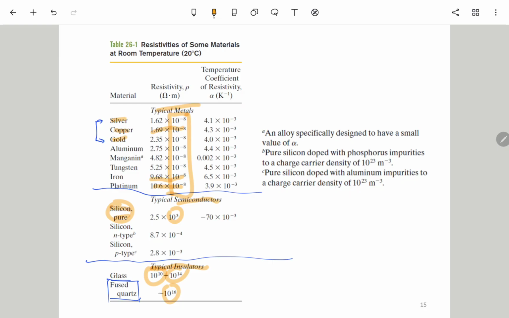try to add some 3A element or 5A element to the pure silicon, so that we can create the so-called N-type semiconductor or P-type semiconductor.